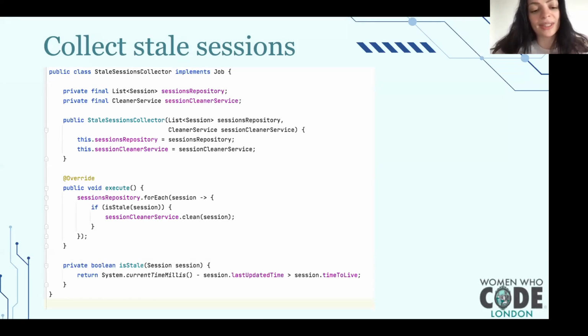So we create this isStale session method, which means basically that current time minus session last updated time is more than session time to live. You can see it on the bottom. We want to collect all these stale sessions and clean them. So it looks good, simple and clean.